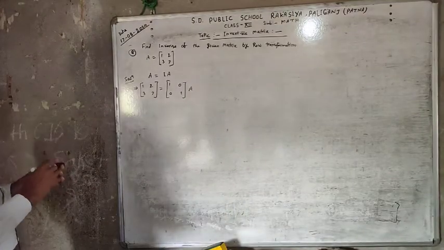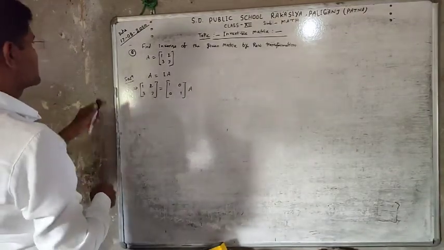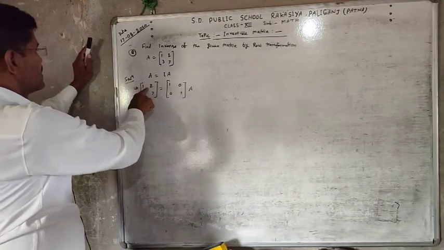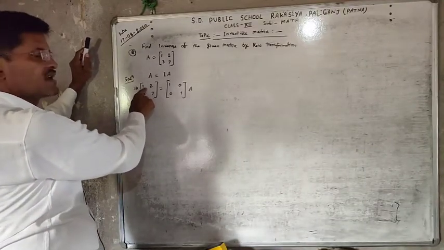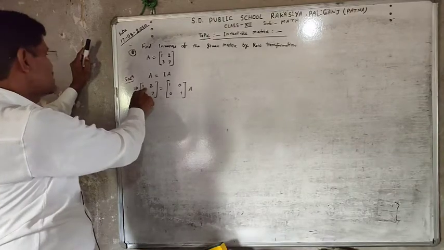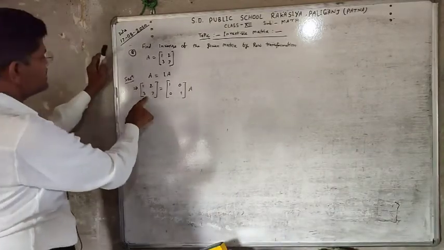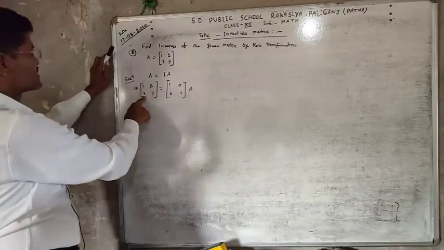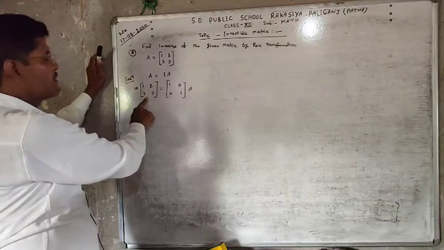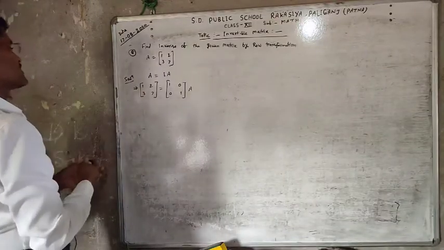First of all, the first element of the first row is 1, and it is given that the first element of the first row is 1. Then we have to change the second row, meaning we have to convert the 3 into 1 as the first element of the second row.